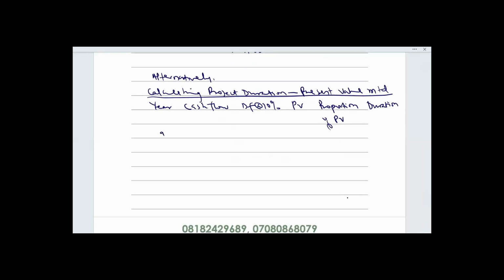Say this is A, B, C, D equal to B times C, E, then F. F equal to A multiplied by E. So year 2, year 3, 4, 5, and 6.